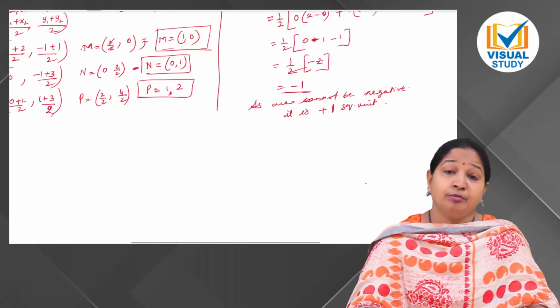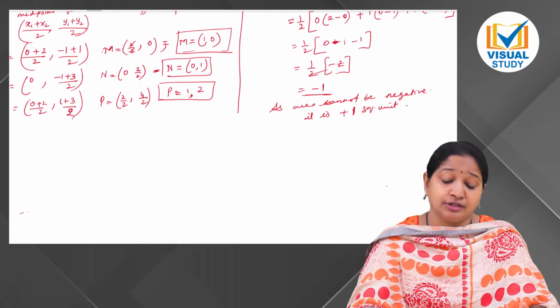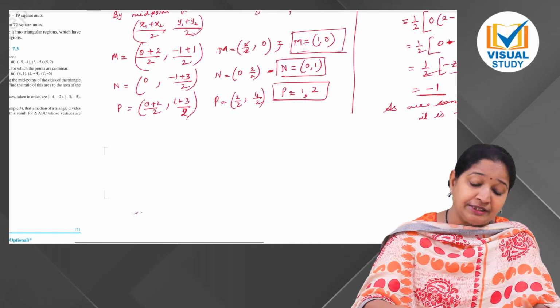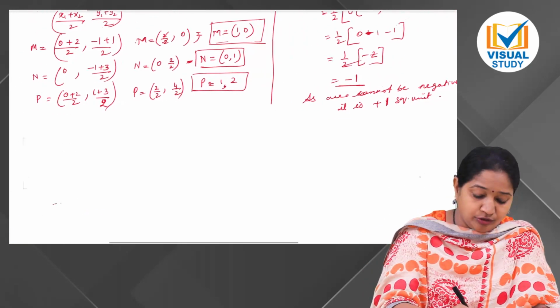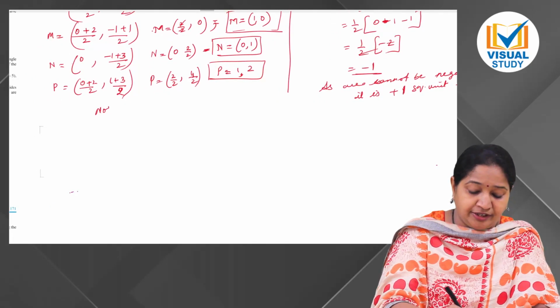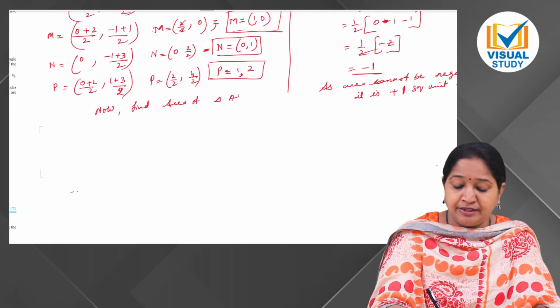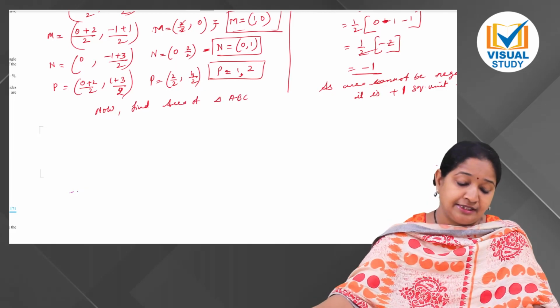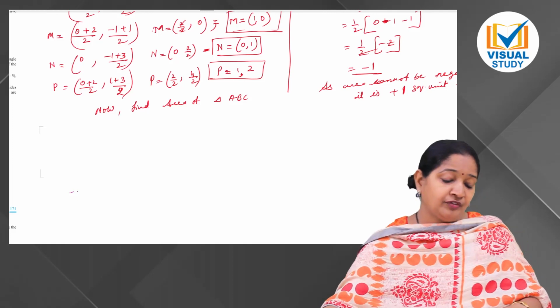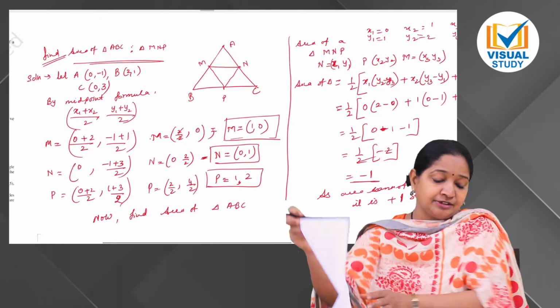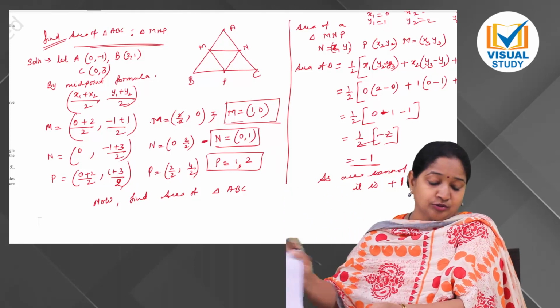But here we also have to find the area of triangle ABC. We have taken it: A is so and so, B is so and so, C is so and so.